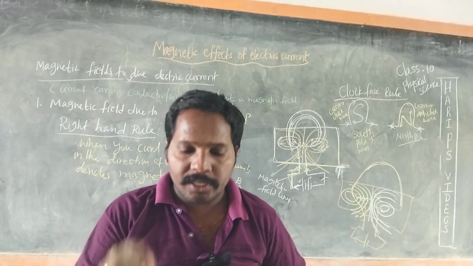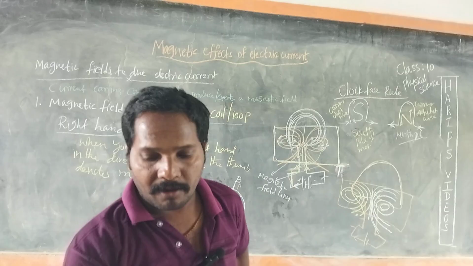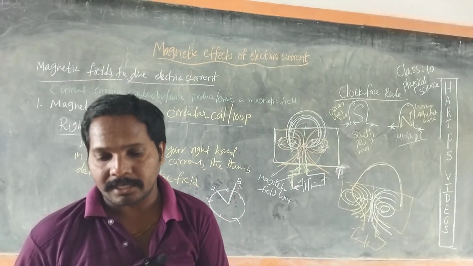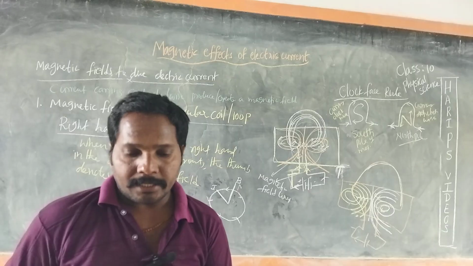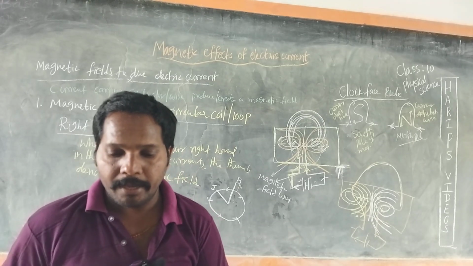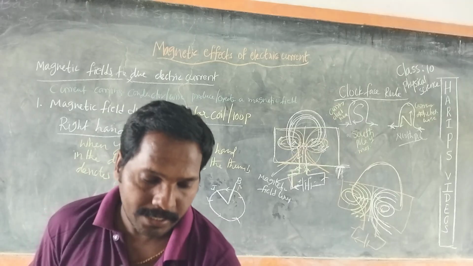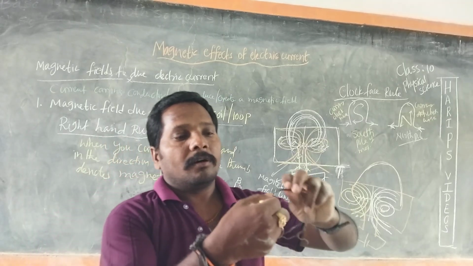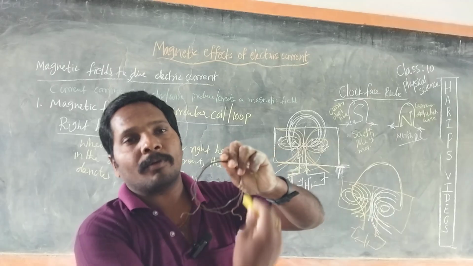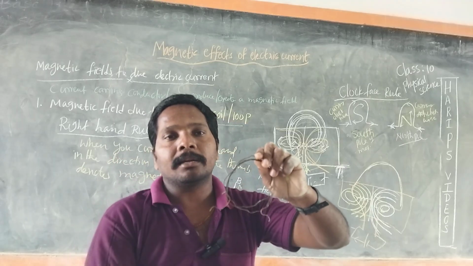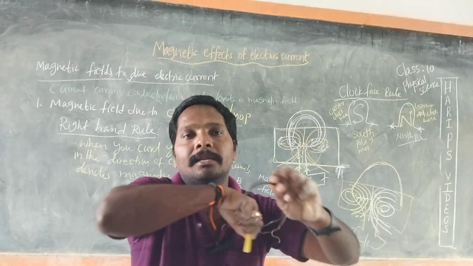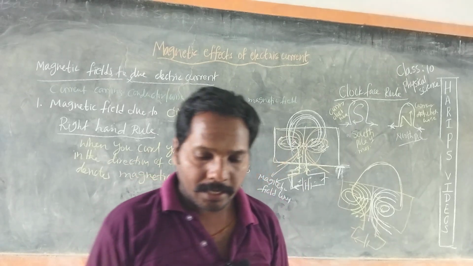So if the direction of current in the front face of the circular wire is clockwise, then the direction of current in the back face of the circular wire will be anti-clockwise. So imagine that the front side is clockwise and the back side is anti-clockwise.